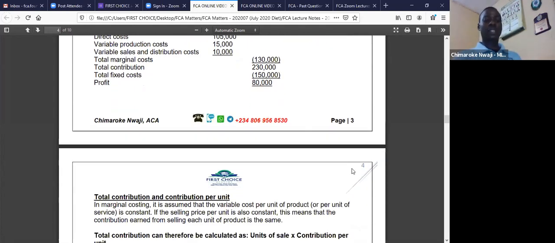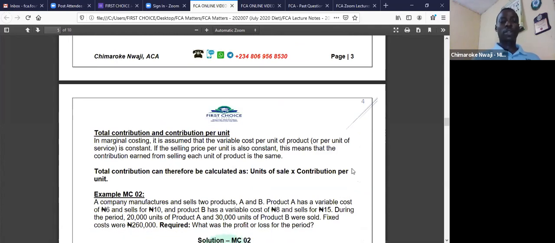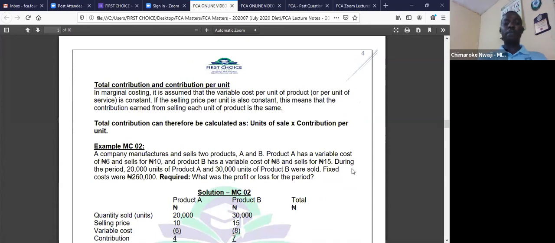Now let's look at total contribution and contribution per unit. In marginal costing, it's assumed that variable cost per unit of a product or per unit of a service is constant. I keep saying that.